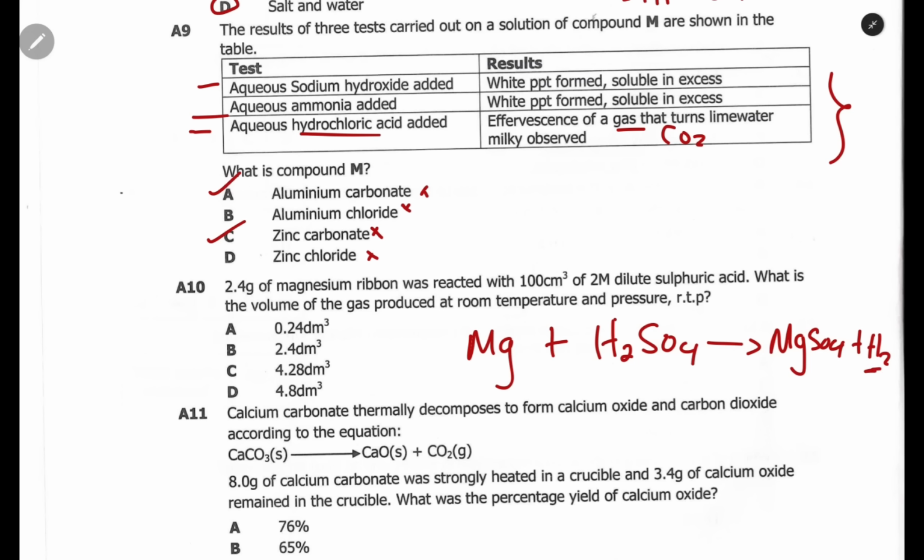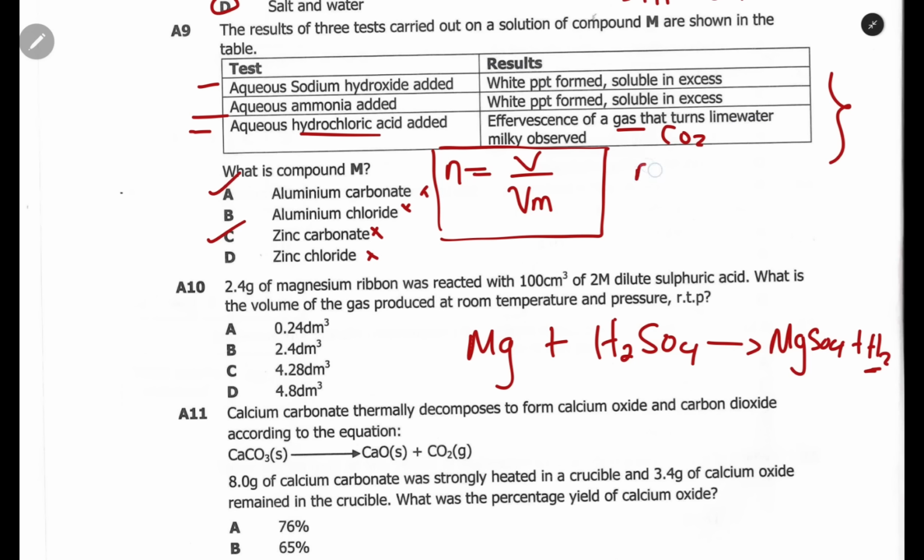Now, how do you find the volume of the gas produced? You are going to use the formula. Number of moles is equal to given volume divided by molar gas volume, Vm, which is just the volume of 1 mole of a gas.